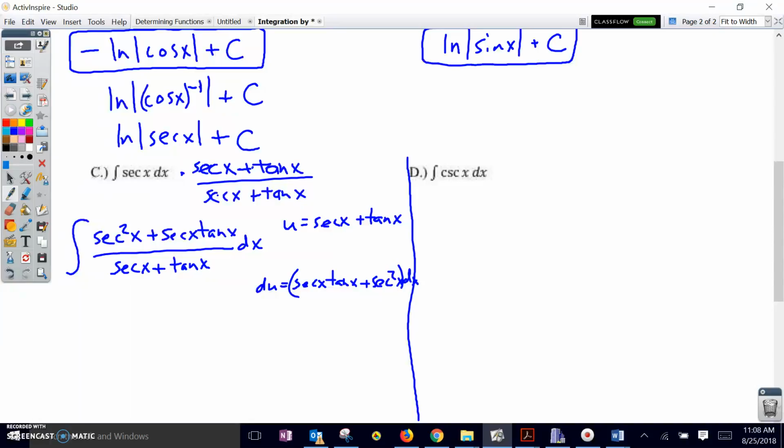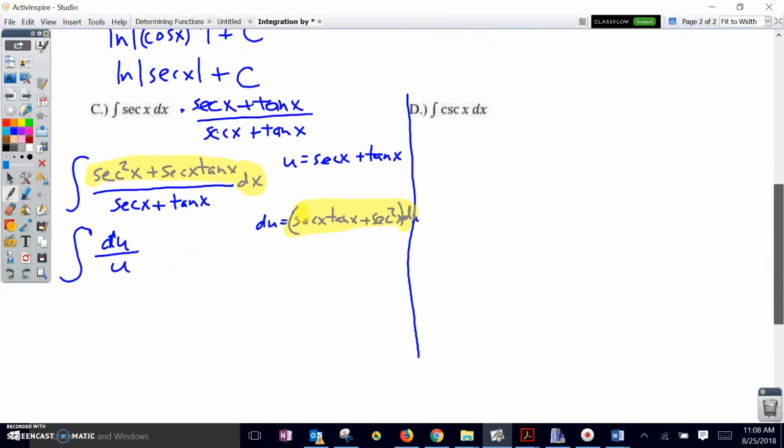And you'll notice that this right here is exactly the numerator. It's just the order of the addition is swapped. And so I'm going to replace all of that with a du, and this turns into the integral of du over u.